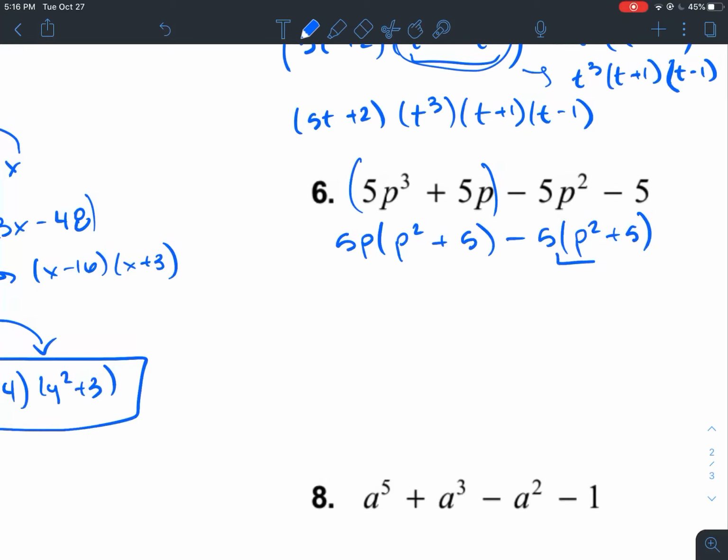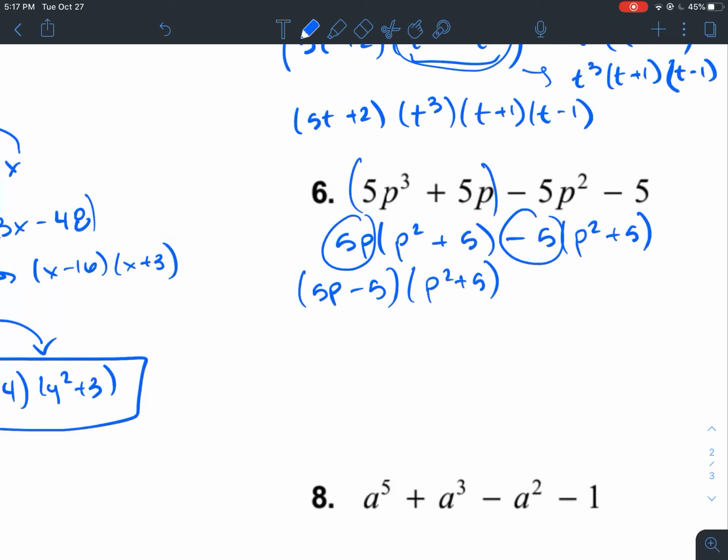Now they have a common binomial factor of p squared plus 5, so I can factor that out. So then I have 5p and negative 5, and then the p squared plus 5 that I factored out.